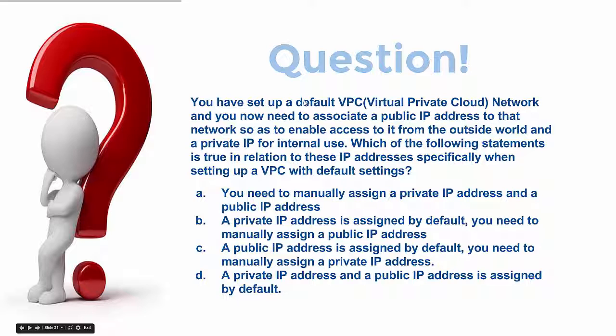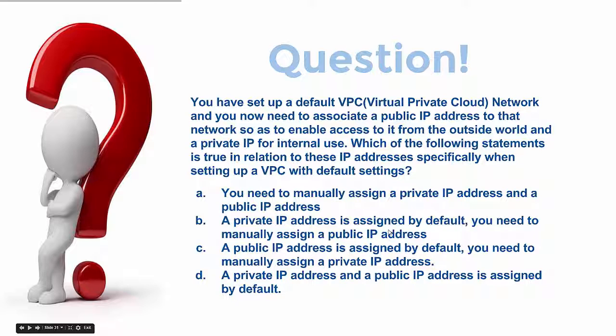You have set up a default VPC network, and you now need to associate a public IP address to that network so as to enable access to it from the outside world, and a private IP for internal use. Which of the following statements is true in relation to these IP addresses, specifically when setting up a VPC with default settings? Do you need to manually assign both a private and a public IP?